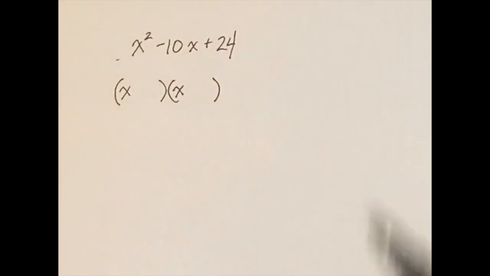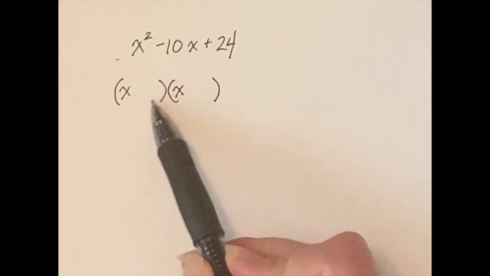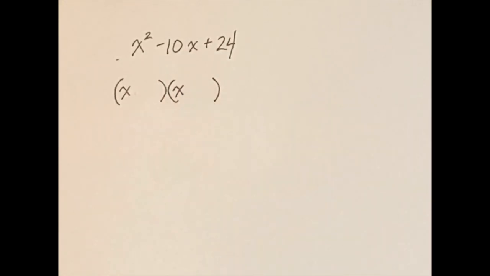So the first part of each of the parentheses for our binomial is going to just be x. Now we just need to figure out what the sign is and what the number is in the second two, or in both of the parentheses.